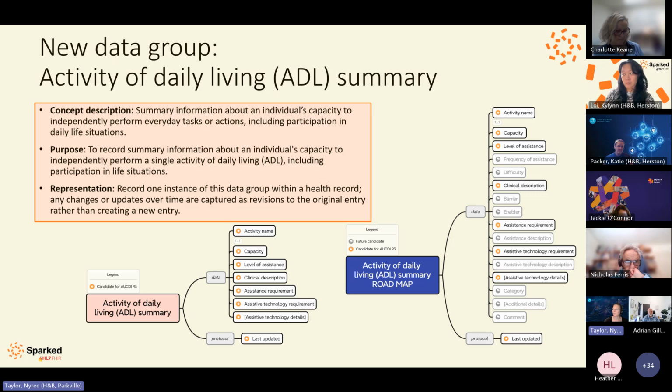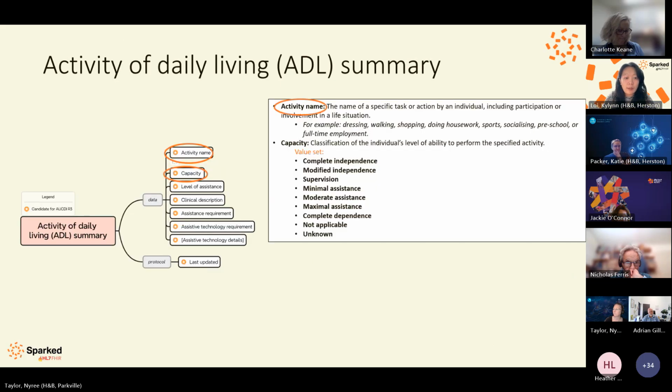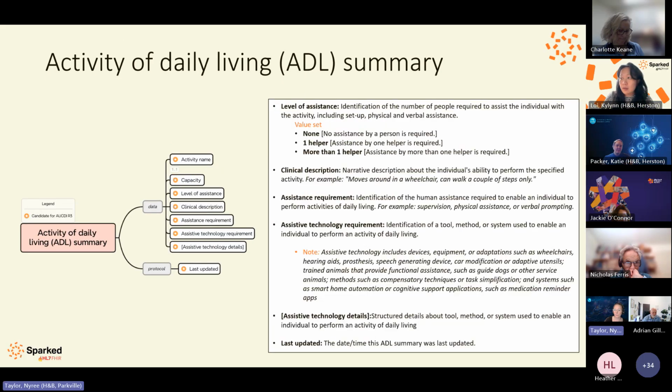We need to understand what it is that they need to be able to do and how independent they are in being able to perform that activity at a base level. And then we can expand on it later. There's always room for this to grow, and as we said, it can be refined at implementation at a later date.